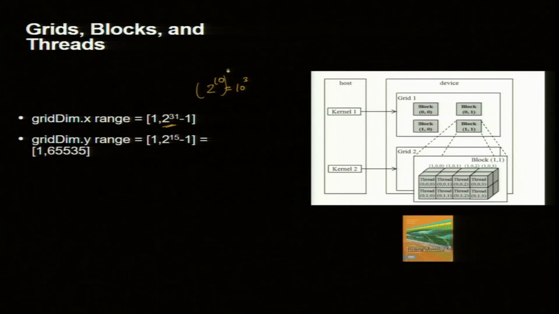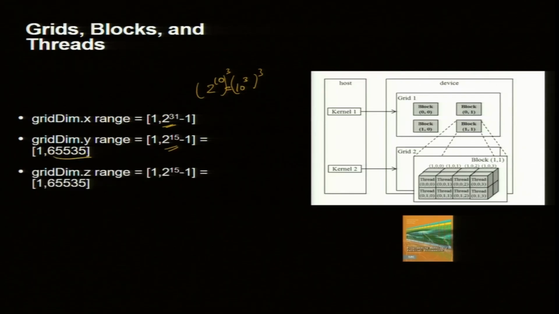So, 2 to the 30 is 1 billion, is 1024 into 1024 into 1024. So, this is 2 billion. Along x direction you get 2 billion blocks. It allows, but of course, you do not use such big numbers. Along y direction it is 2 to the power 15 minus 1, and along z direction it is the same.